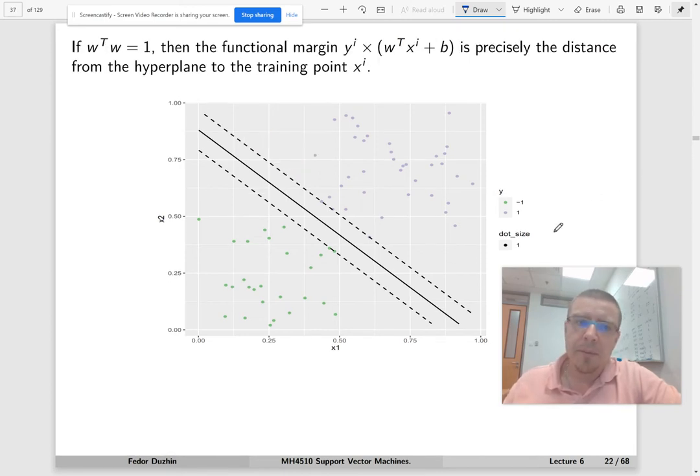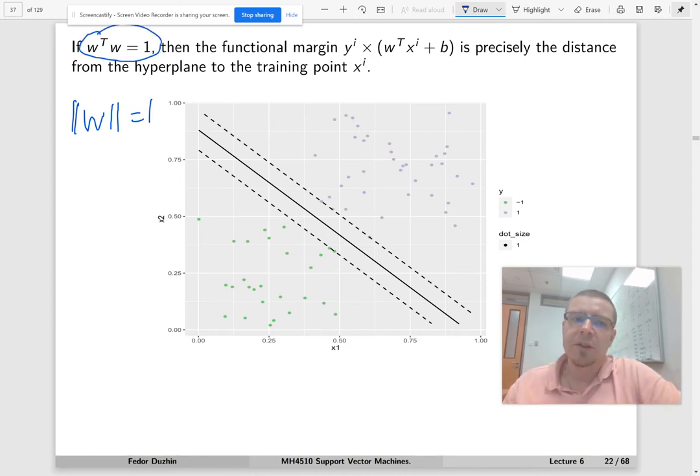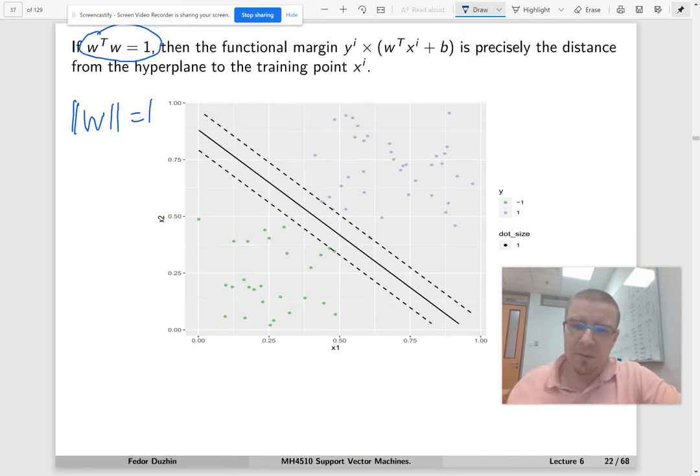Now, if the norm of the vector W is 1, which means that the dot product of W with itself is 1, or in matrix form, W transpose times W is 1, where W is a column vector, then this term disappears, and the functional margin is going to be precisely the distance. Why is this so? Because yi is either 1 or -1.